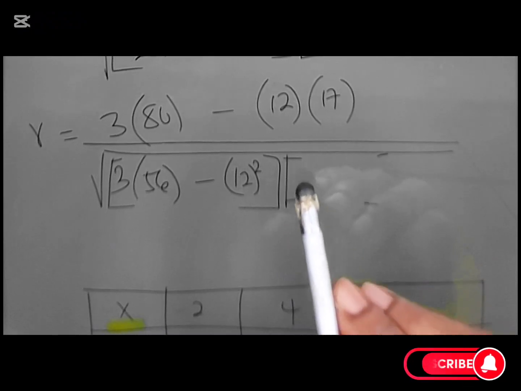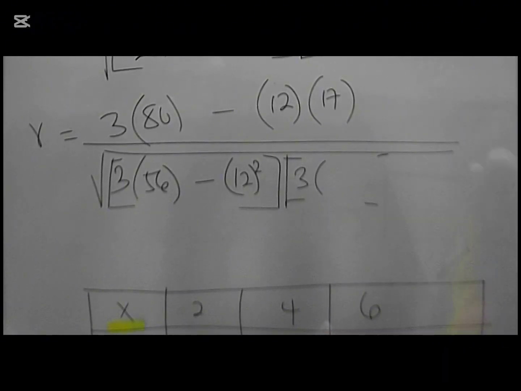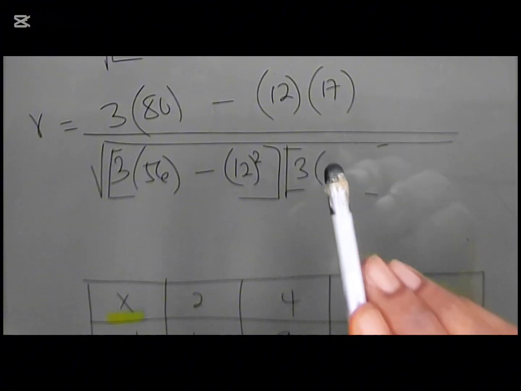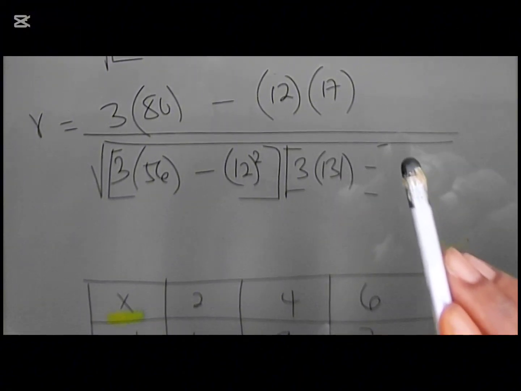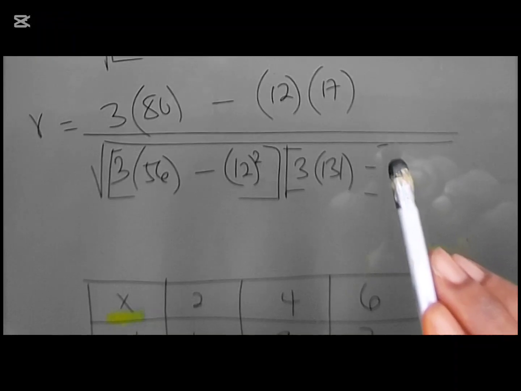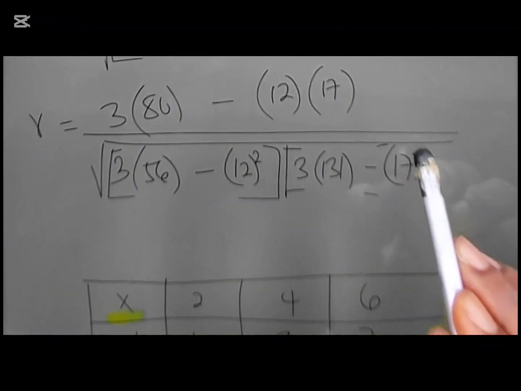Now, 3 into sum of y squared, which is 131, minus sum of y, 17, all squared.